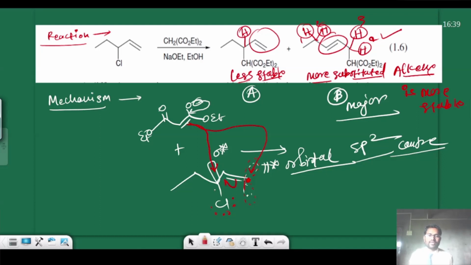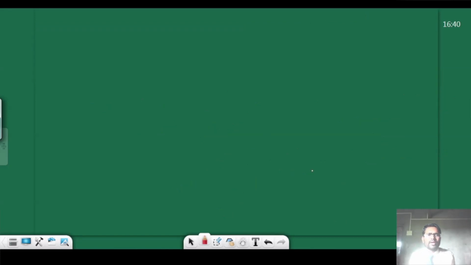When this enolate anion attacks this electrophilic center, the leaving group goes out from the reaction, and this particular product forms. If the enolate anion attacks the pi star orbital of the sp2 center, then the pi bond moves and the leaving group goes out, and there is a formation of the more substituted product. Let us discuss the detailed mechanism of this particular reaction.